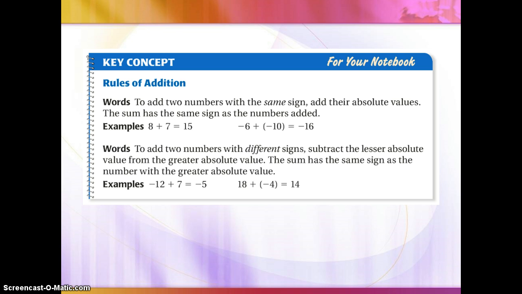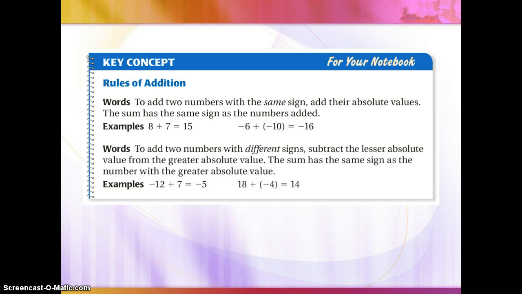To add two numbers with different signs, you want to subtract the lesser absolute value from the greater absolute value. The sum has the same sign as the number with the greater absolute value. For example, if we are adding negative 12 plus positive 7, the answer is negative 5, because the absolute value of negative 12 is 12, so 12 minus 7 is 5, and 12 has a larger absolute value, and that sign is negative.